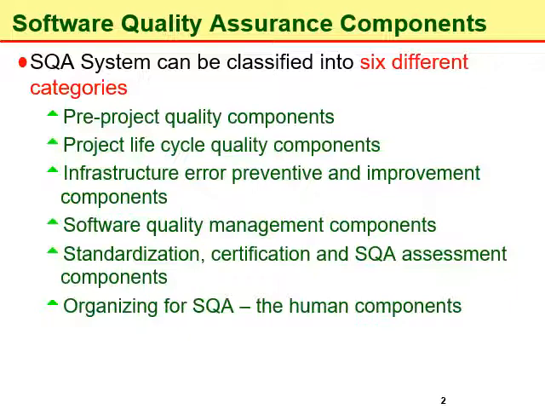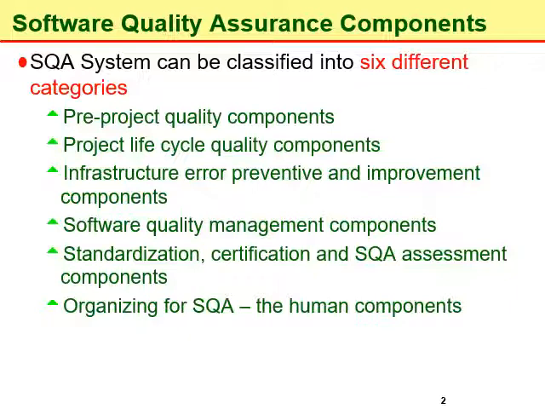So these 6 components include pre-project quality components. The second one is project lifecycle quality components, the third, infrastructure, error preventive and improvement components. And the fourth one is software quality management components.